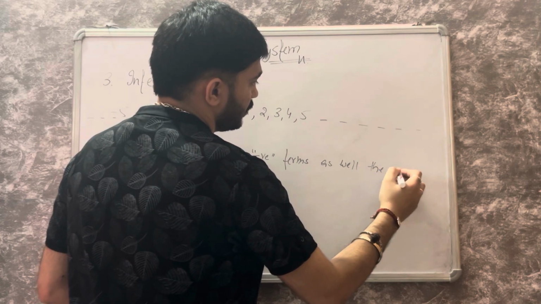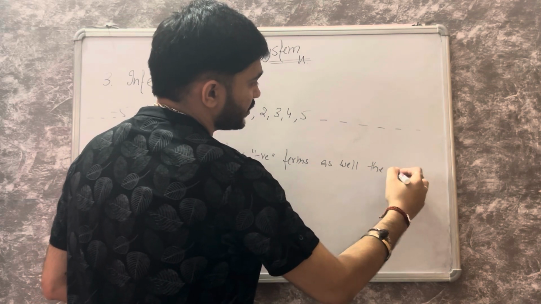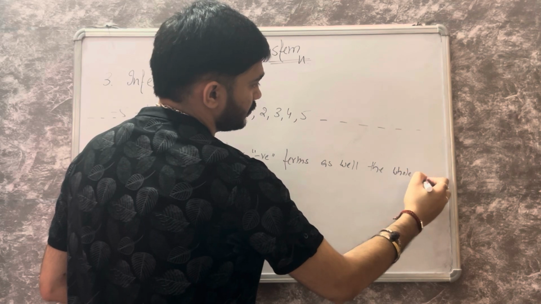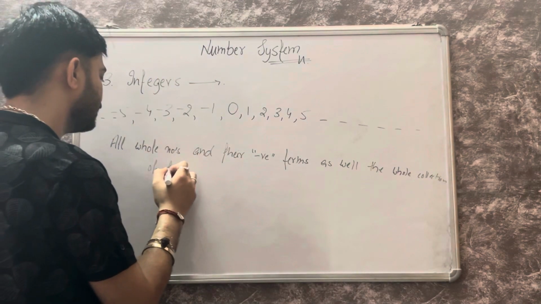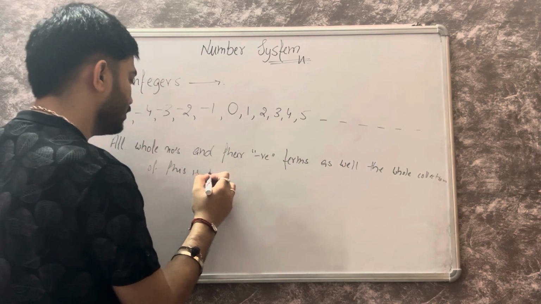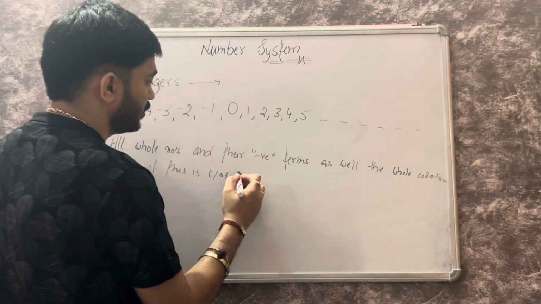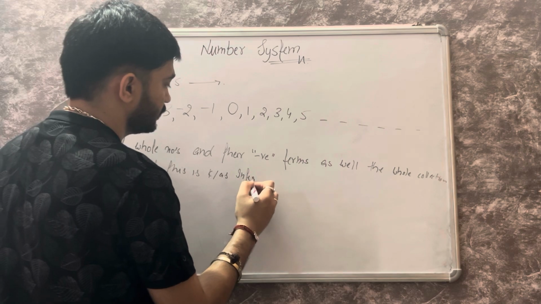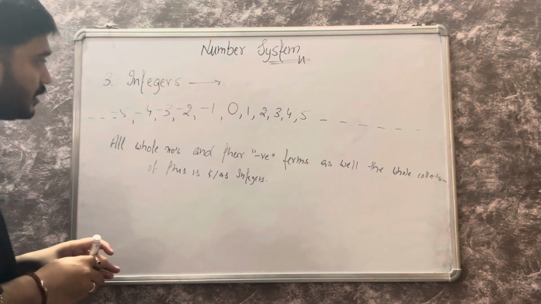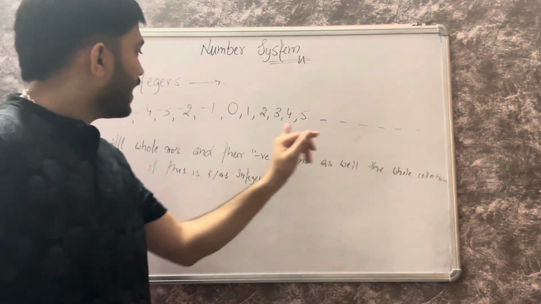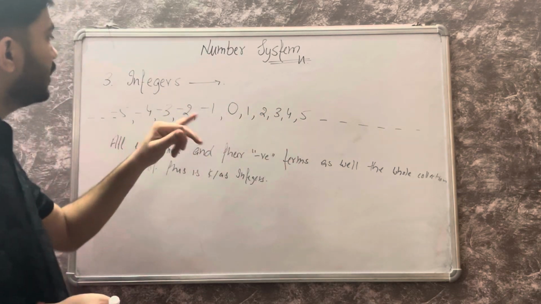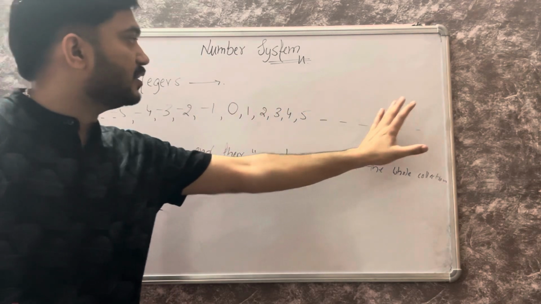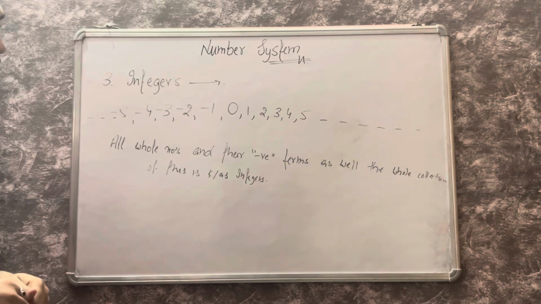The whole collection of this is known as integers. So integers are nothing but whole numbers and the negative parts of their positive terms, the whole collection. This is known as integers. Any doubt?